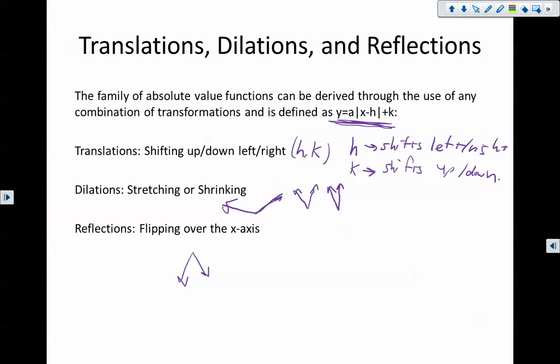So these two values, the one adding or subtracting inside the absolute value and the one adding or subtracting on the outside, cause the shifts. H is moving left-right, k is moving up-down. The dilations come from the a value. So the a value will do the stretching and the shrinking.